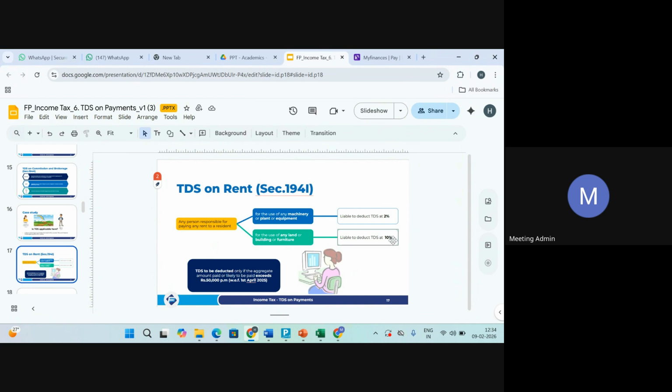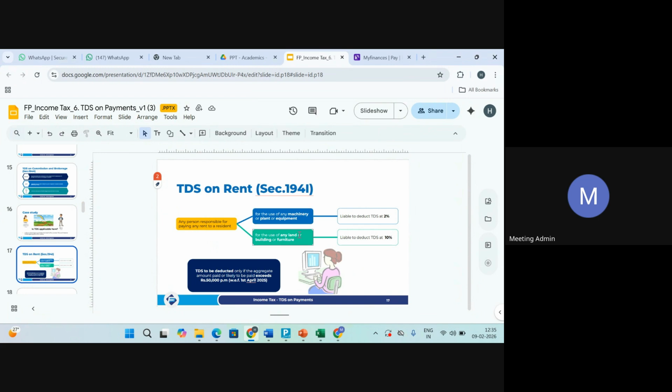Since you will already know that machinery can be a fender, chase, and sometimes vehicles and vessels, in that case TDS has to be deducted at 2%.